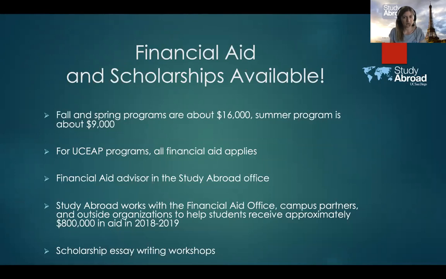Depending on what you normally do in a summer, whether you normally take UCSD courses or work during the summer, it can sometimes actually be more cost effective to go for fall or spring as opposed to the summer, because you're not paying tuition to UCSD during your term abroad in fall and spring. You're essentially transferring that tuition over, although you're not paying what you would pay at UCSD. So, long story short, the total cost for a fall or spring program is right around $16,000.